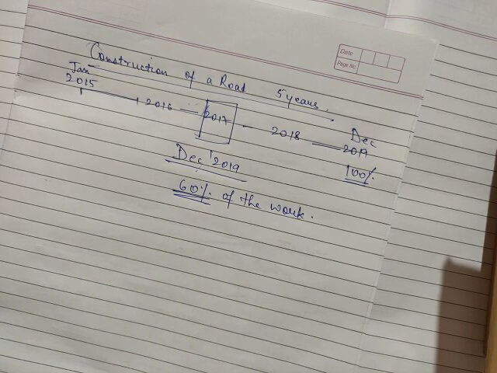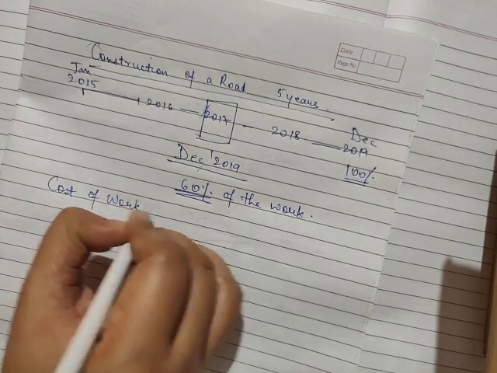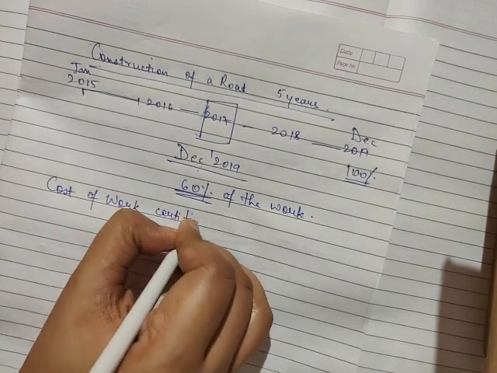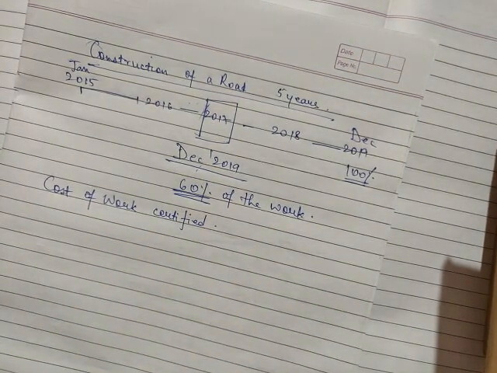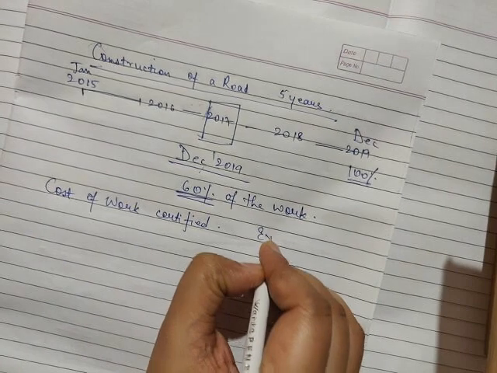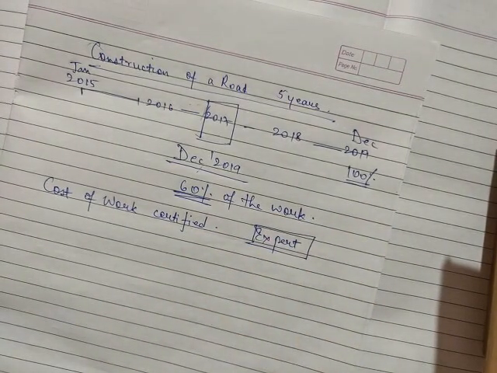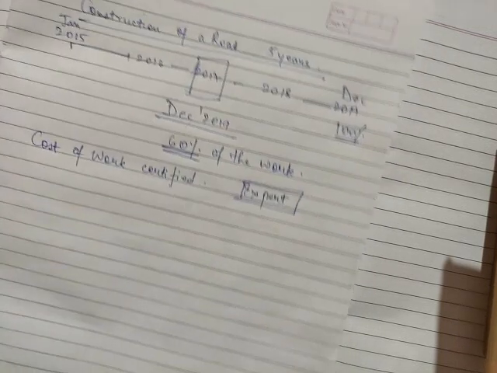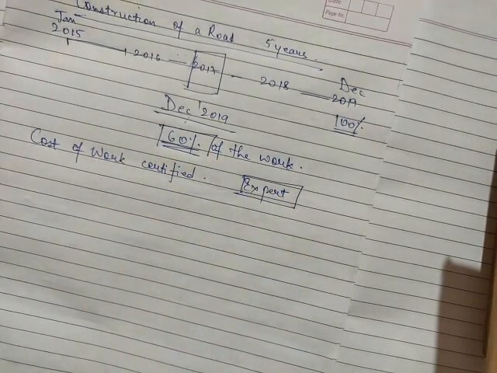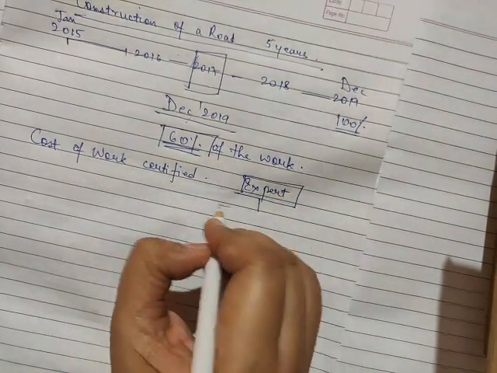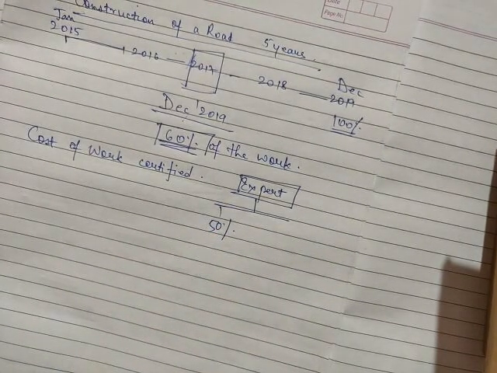So, the first is the cost of work certified. For this purpose, generally an external expert is asked to evaluate the progress of the work. Now, suppose you are the owner and you have determined that 60% of the work is completed. But the expert says that no, only 50% of the work has been properly completed.